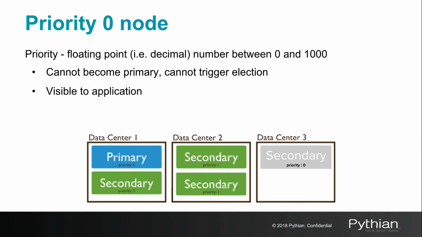A priority 0 node is a secondary node that does not participate in elections, cannot trigger an election, and is always a secondary node. This node is visible to the application, and when you send requests from the application, the driver can send read requests to the secondary node, which is the priority 0 node.